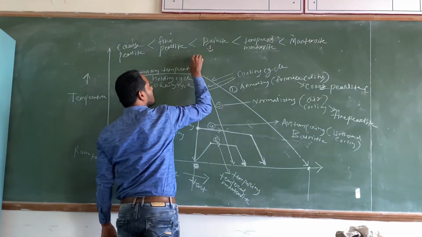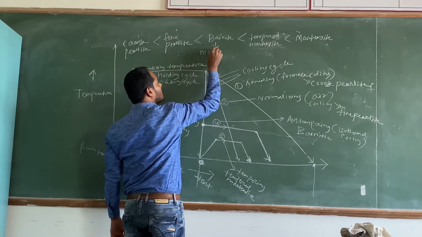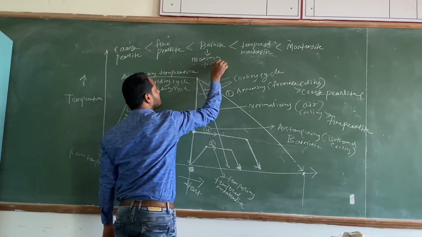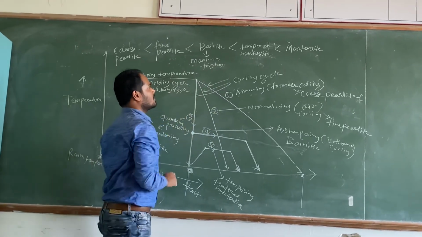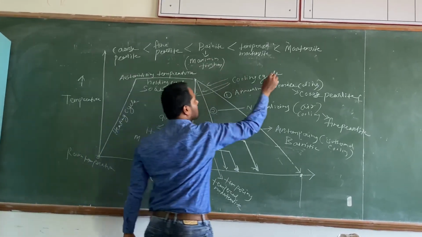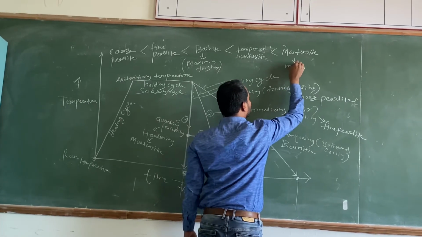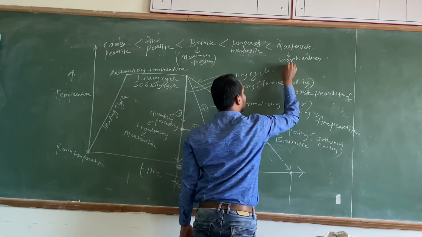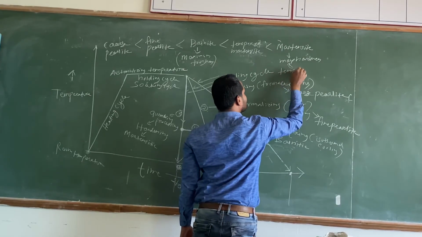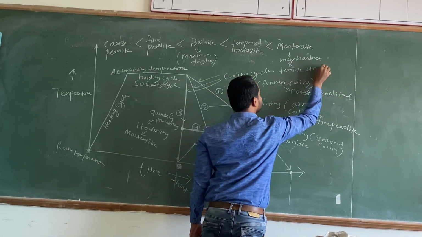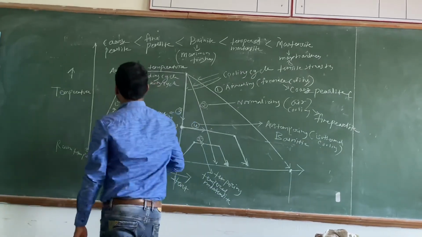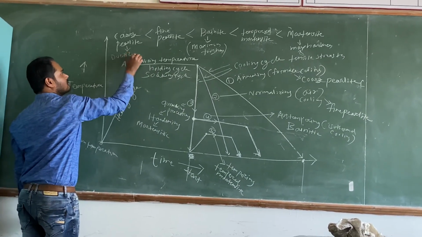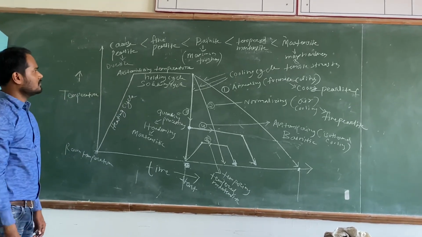This is maximum toughness, right? And this is maximum hardness and tensile strength. And this one, ductile. Okay, so this is the thing.